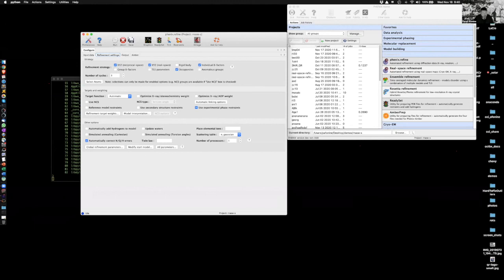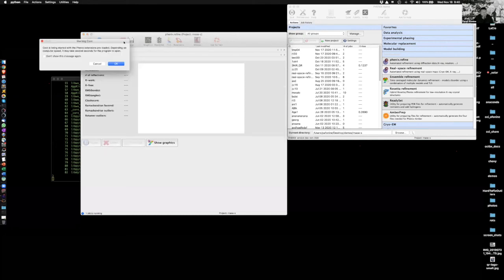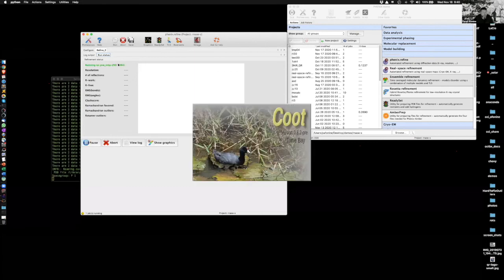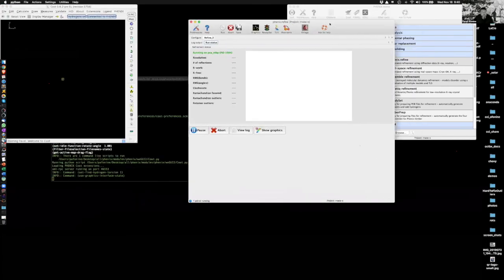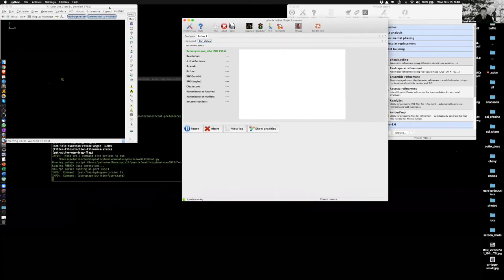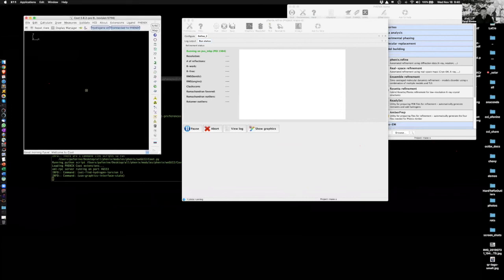To run refinement, we just click the Run button, and it has 2 options here. You can edit parameters and run, or you can just run it right now. We'll run it right now. That will pop up Coot. What that means is Coot is going to show you in real time how you see changes during refinement.